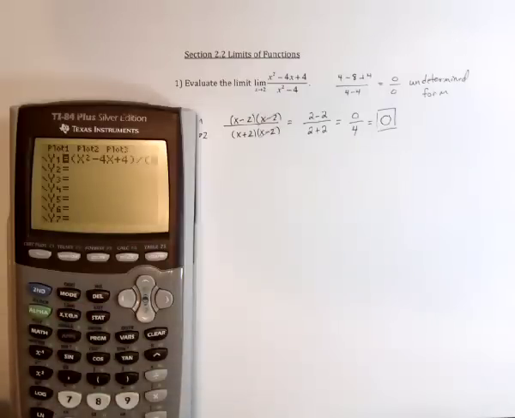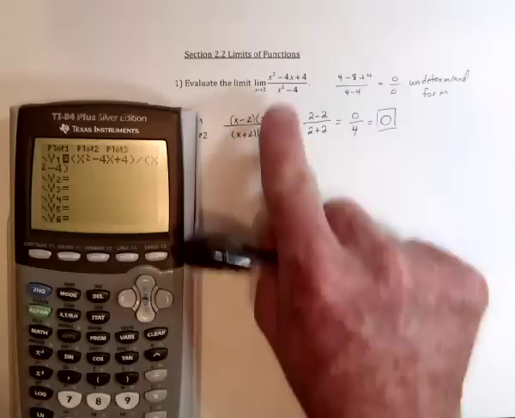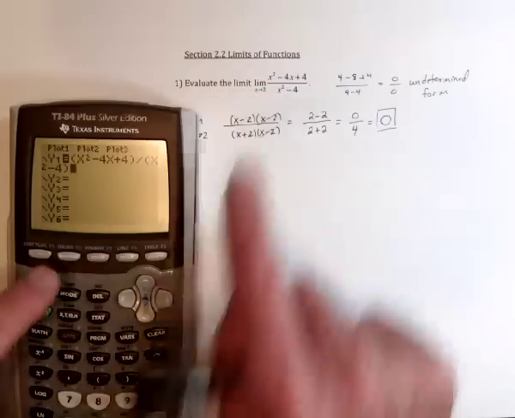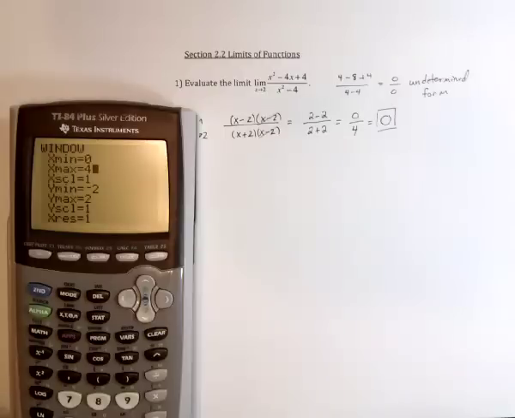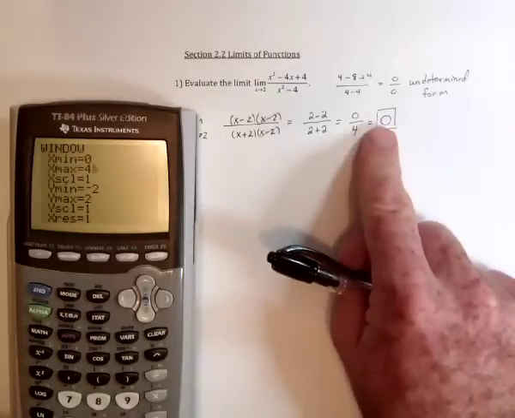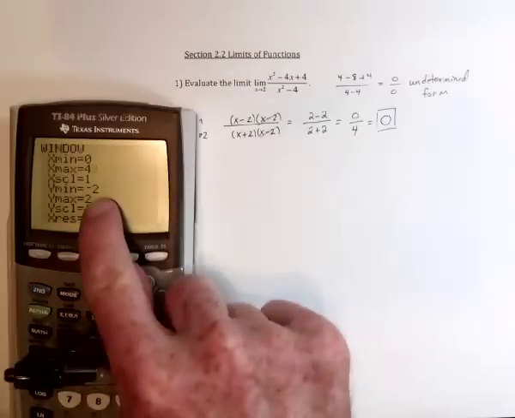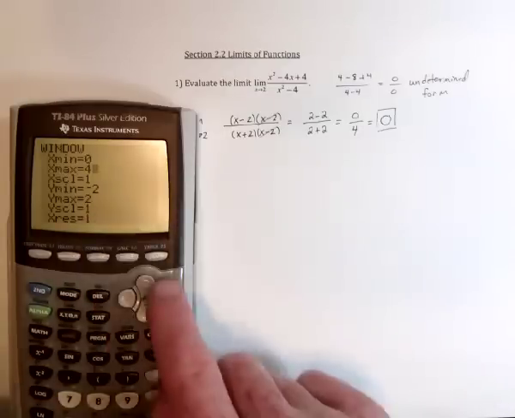The same deal with the denominator: put in parentheses, x squared minus 4. And then we're looking at where x is equal to 2, so I can change the window to be close to that, like 0 to 4, and then the answer seems to be 0, so we need to stay close to 0, so negative 2 to 2, that should do it.